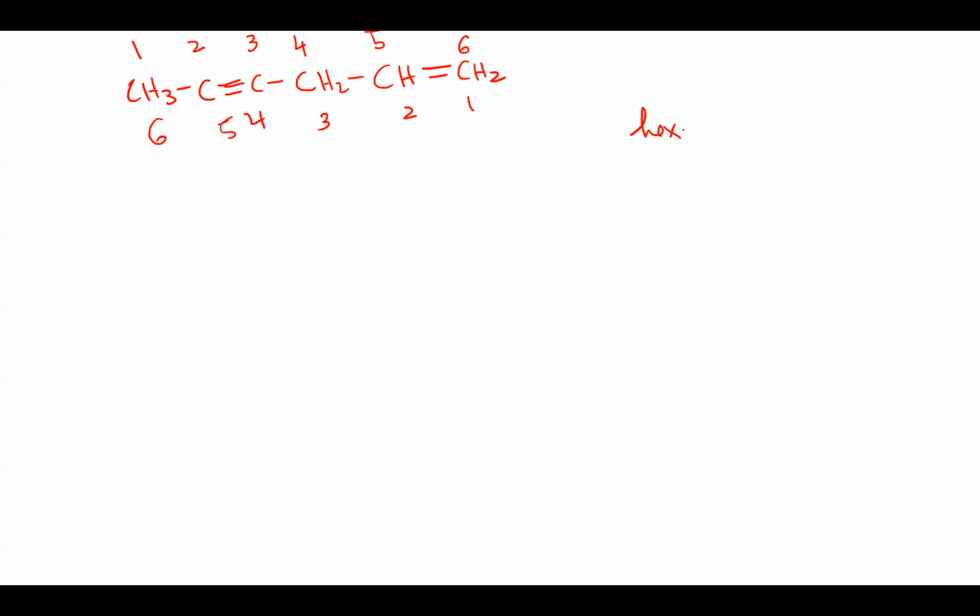Hex-1-ene, and in the fourth carbon there is a triple bond, 4-yne. That means the compound should be known as an alkyne, but the double bond should be given the minimum number as per the IUPAC rule. That is the IUPAC nomenclature.